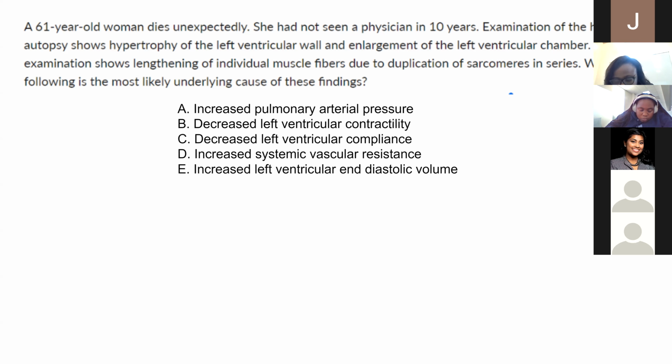B does happen during the process, but it's not what presets all of it. The decreased left ventricular contractility usually happens due to the cardiac remodeling, but it doesn't cause the eccentric hypertrophy itself. That's usually a result after we have the increased left ventricular end diastolic volume.